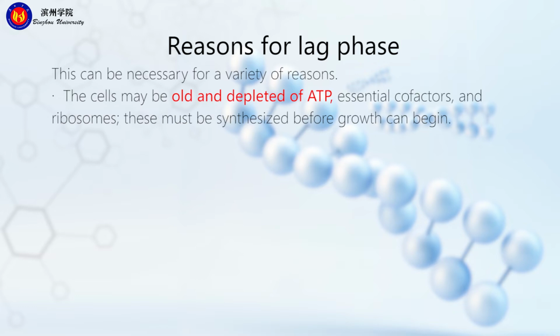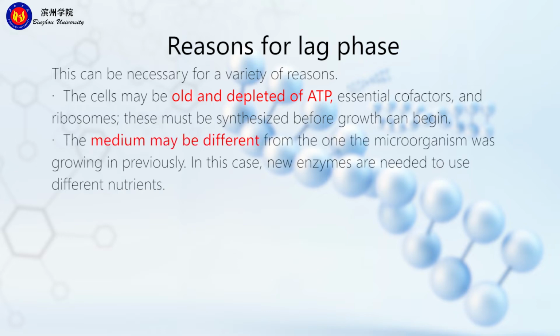The cells may be old and depleted of ATP, essential cofactors, and ribosomes. These must be synthesized before growth can begin. The media may be different from the one the microorganisms were growing in previously.